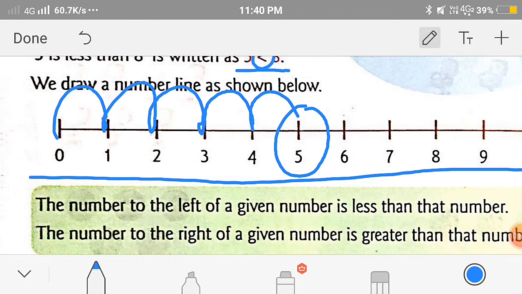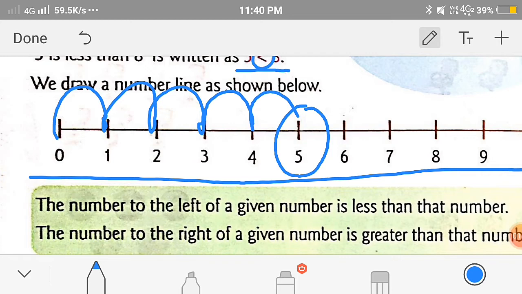So these numbers are smaller than 5. As you can see, 4 is smaller than 5, 3 is smaller than 5, 2 is also smaller than 5, 1 and 0 are also smaller than 5. And these numbers are before 5 also. ये नंबर 5 से पहले भी आते हैं, इसीलिए ये सारे नंबर 5 से छोटे हैं.